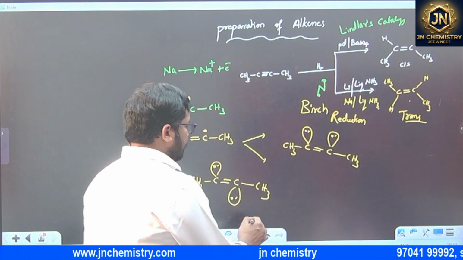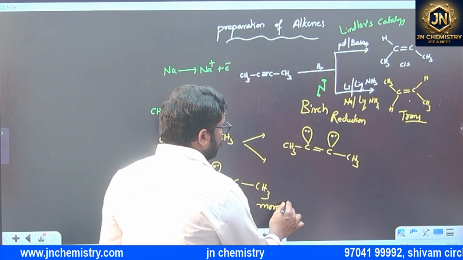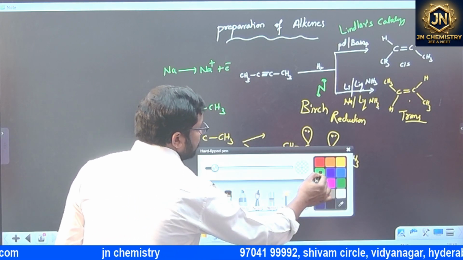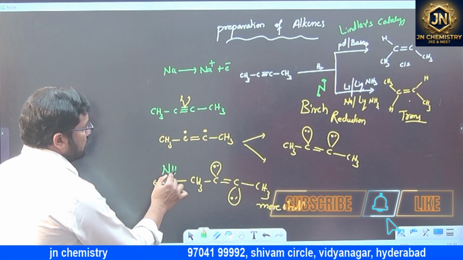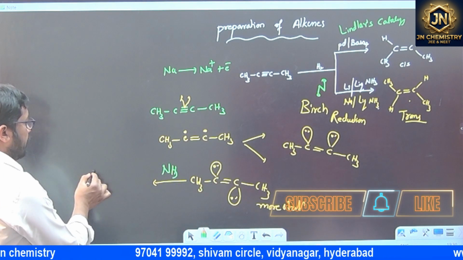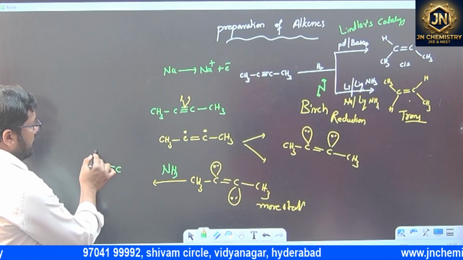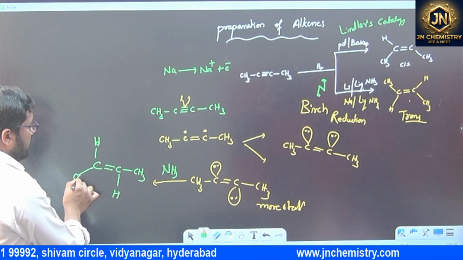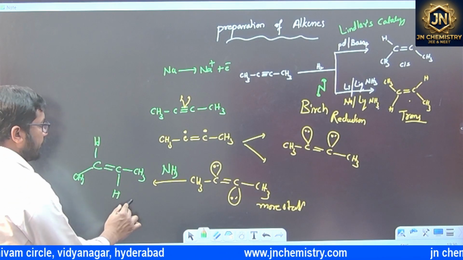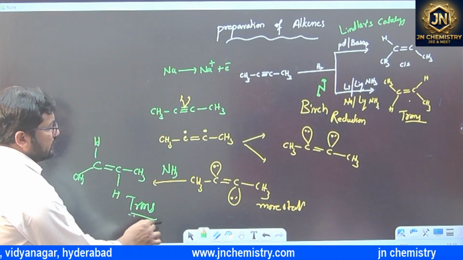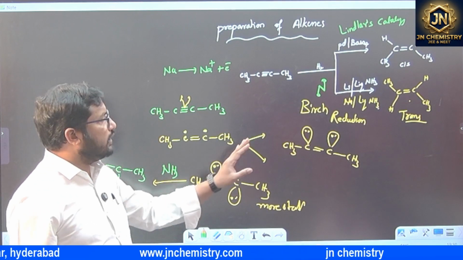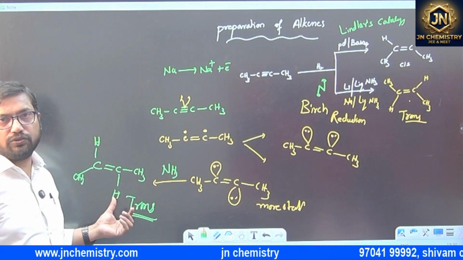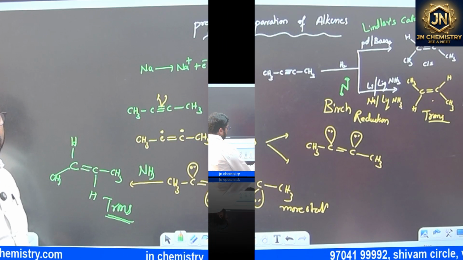Then afterwards liquid ammonia is there, right? It's a proton donor, so H plus is donated automatically, one side hydrogen, opposite side hydrogen, CH3. Means trans product is forming. Actually, the mechanism is not needed. I told you the shortcut, that is more than enough, but it is my responsibility to explain the mechanism. I explained.